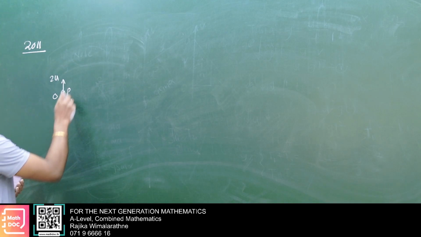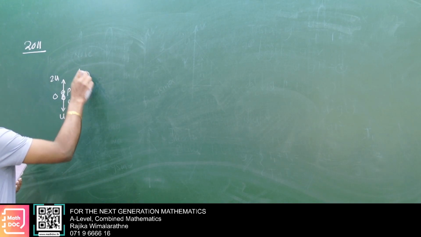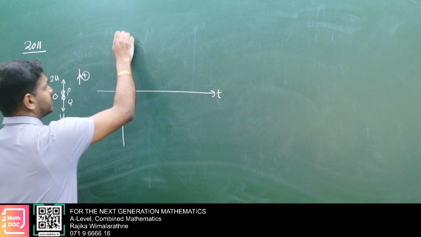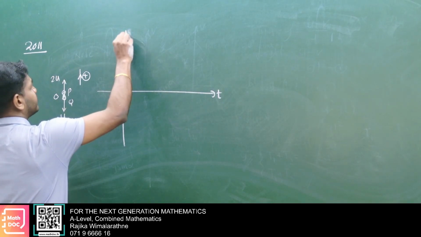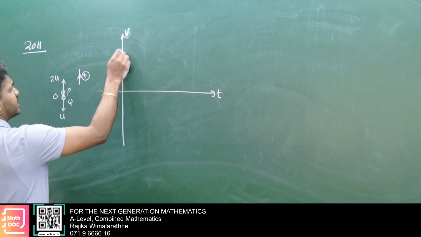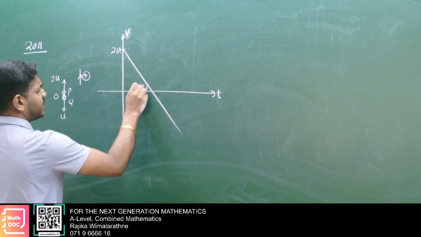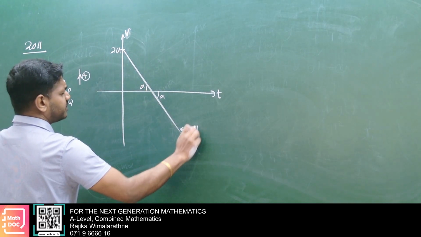Draw the VT graph. I'll take upward as positive. Here time and velocity. So here particle P starts at 2u, with inclination alpha.